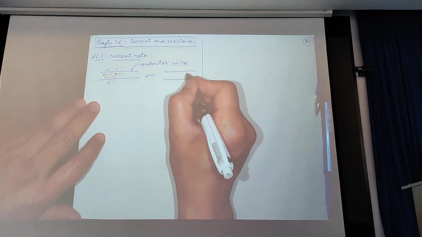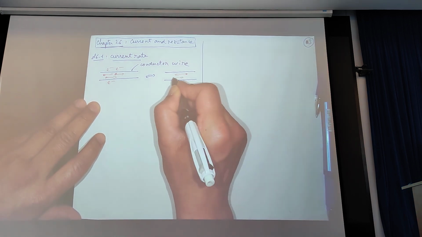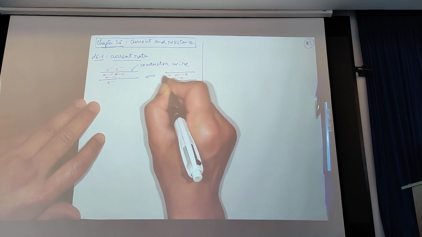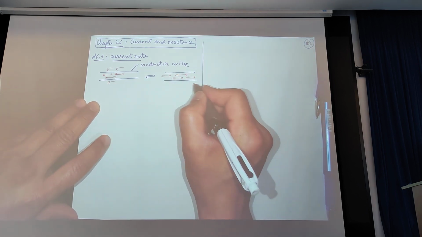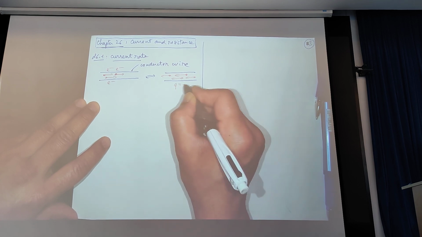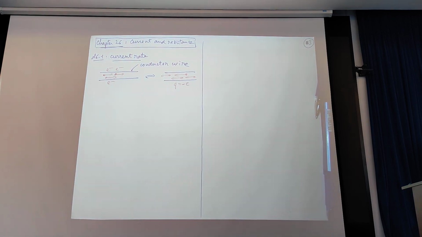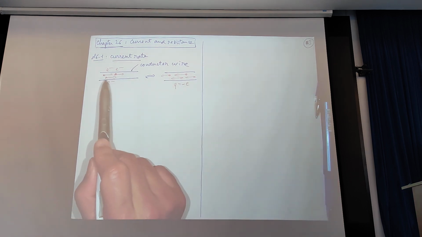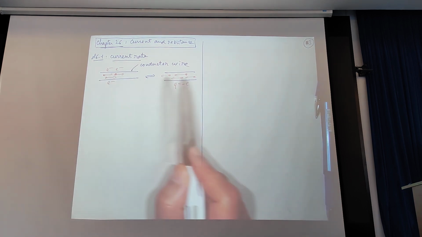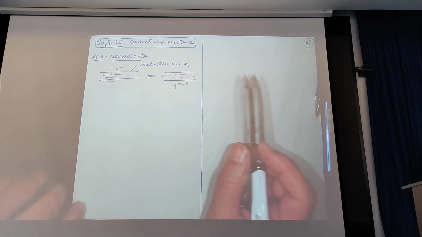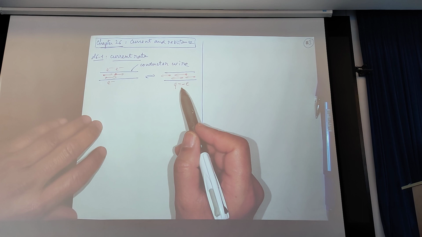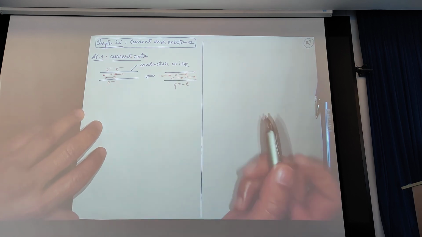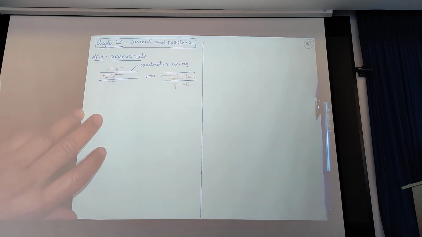Do you agree with that? So when electrons are moving like this, it's equivalent to what we call the positron, which is the opposite of the electron, moving in the other direction.